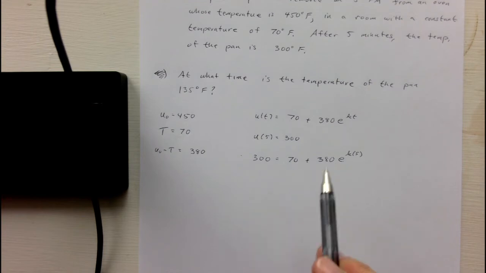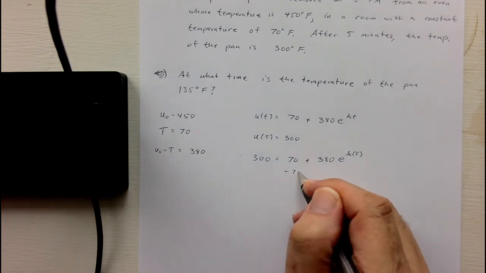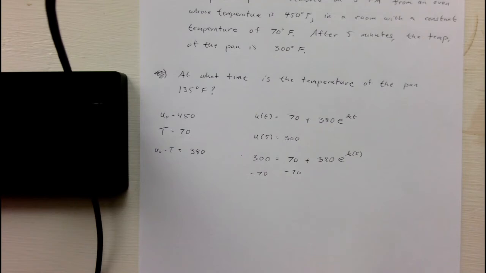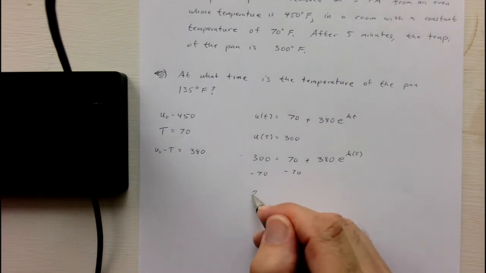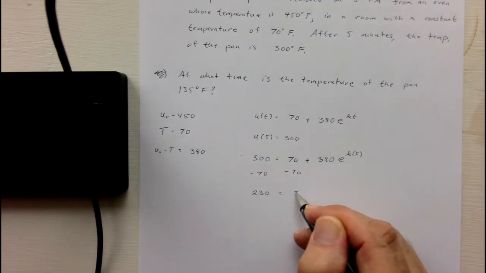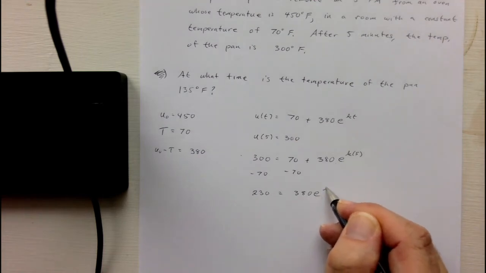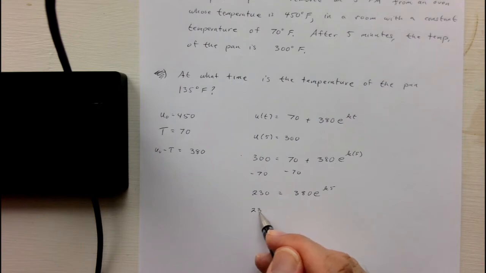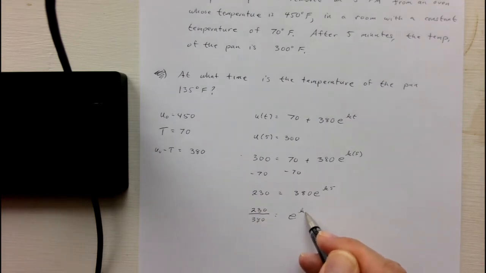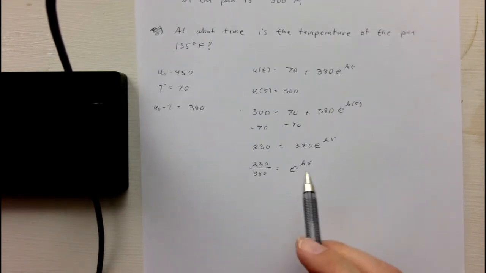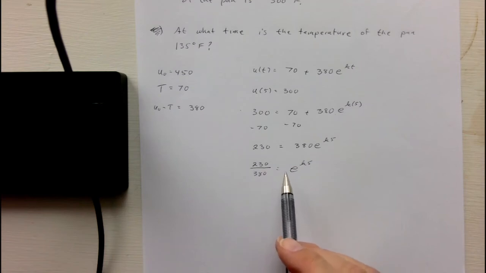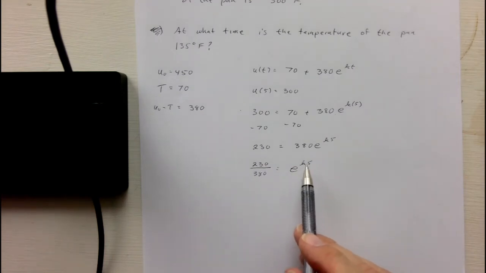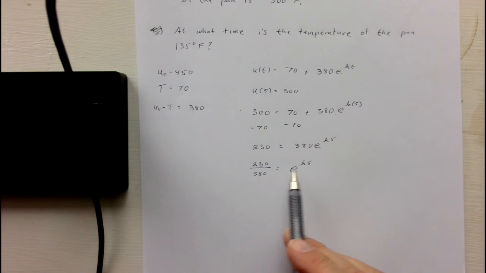So we first subtract 70 from both sides, and that gives us 230. Divide both sides by 380. This says that 5k is the exponent we raise e to get this fraction.